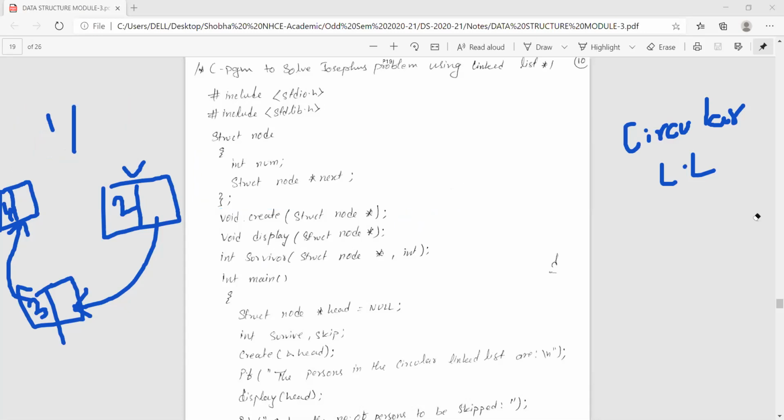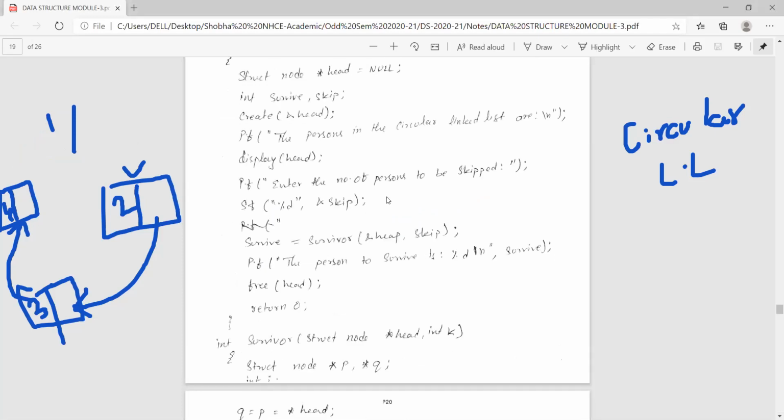Let us see how the main function is defined. Struct node, you are initializing the head node, that is the starting node, declaring it and initializing it to null. Then you are declaring two variables, survive and skip. Survive holds the final person who survives, the winner or leader, and skip is the fourth person, fifth person who is to be skipped; that value you store in the variable skip.